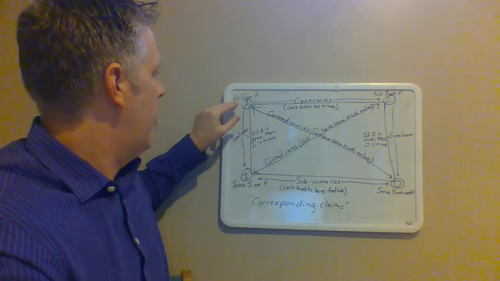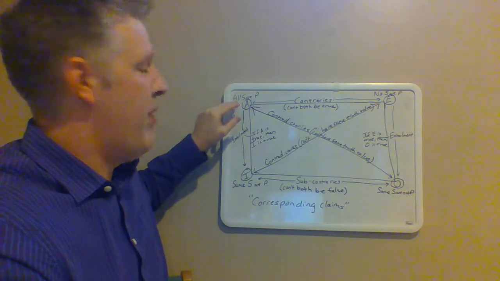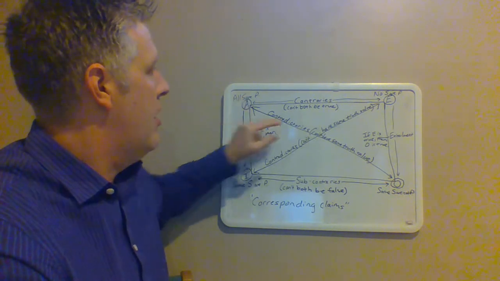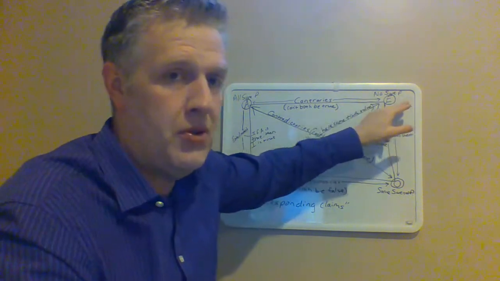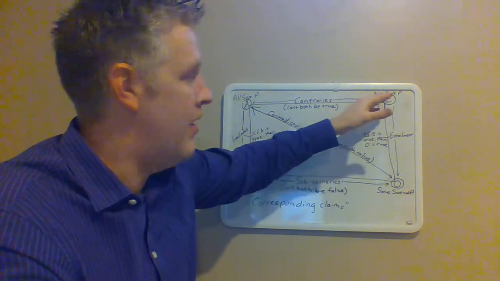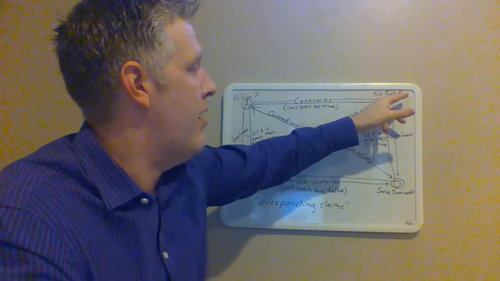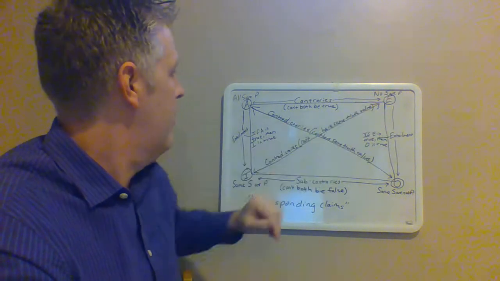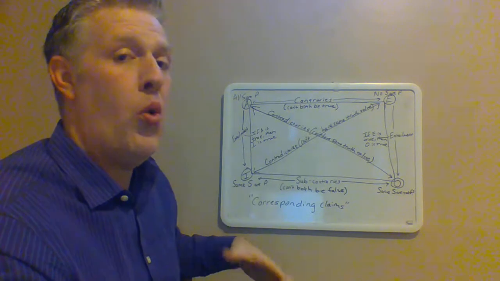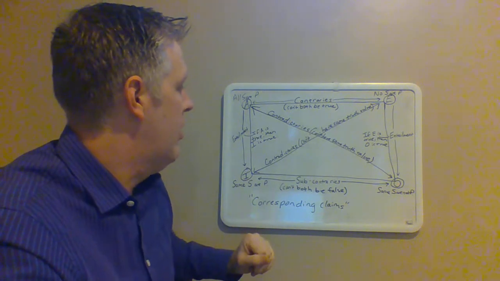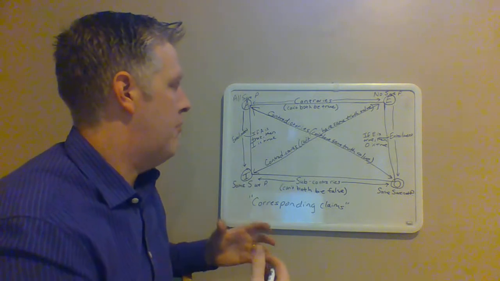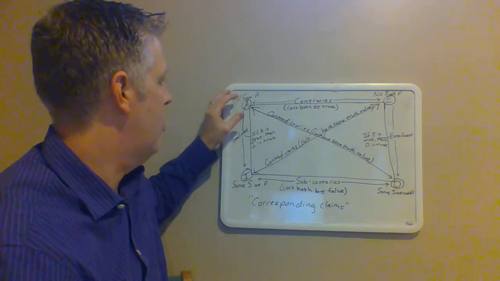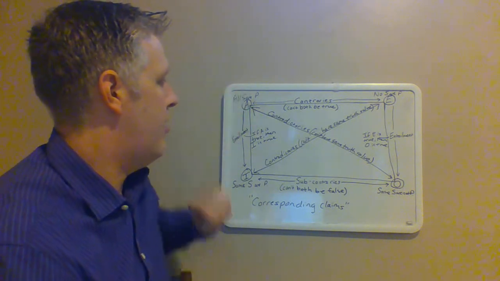Let's say I had a standard form A claim of all cats are animals. The E claim would correspond provided it was no cats are animals. It has the same thing, cats, in the subject term, and the same thing, animals, as the predicate term. So those two claims would be said to correspond. They're corresponding claims, provided we have the exact same term in both the subject and the predicate.